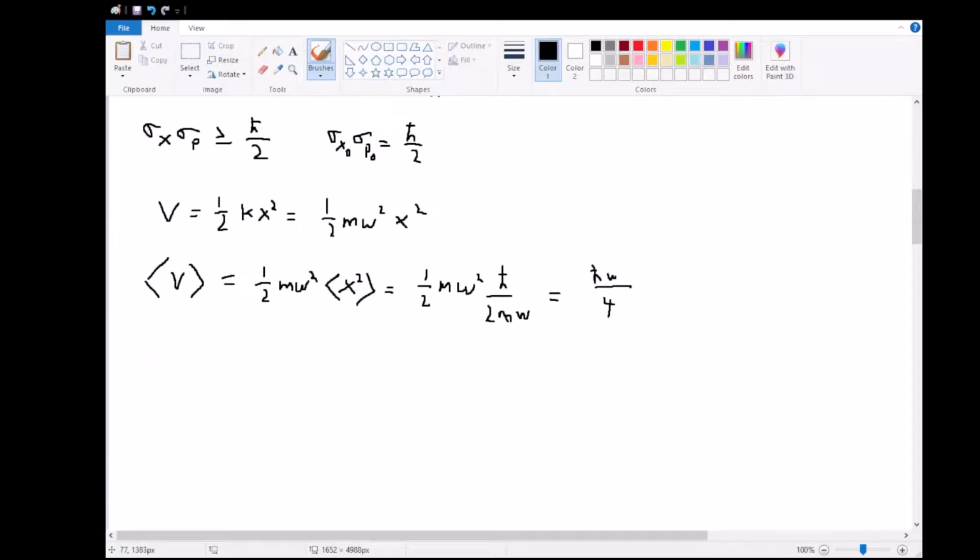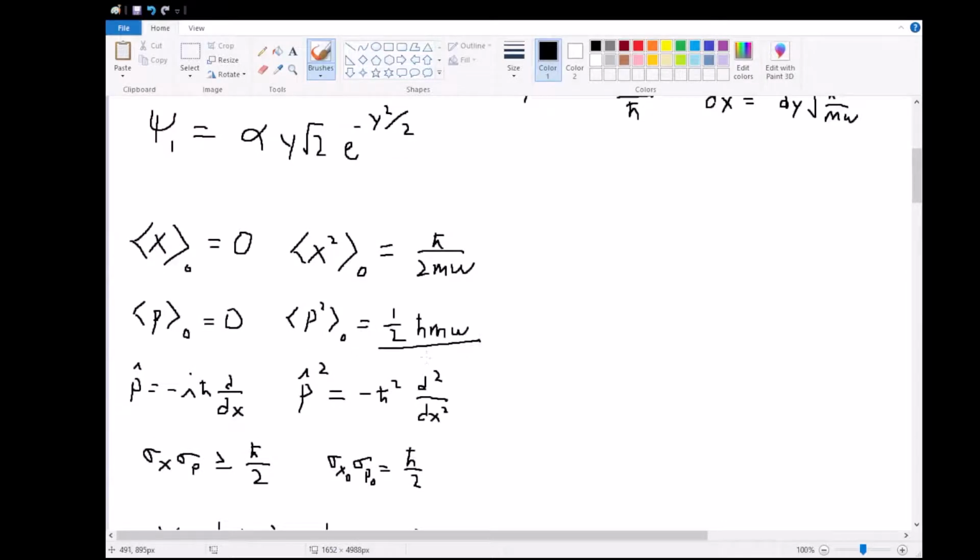Now, we do the same thing for T. We know that kinetic energy is equal to 1/2 mv squared, but one of the things Griffiths told us earlier on is that instead of working with velocity, it's better to work with momentum in quantum mechanics. So using the fact that p equals mv, we can rewrite this as p squared over 2m. Once again, 2m is a constant, p squared is the only variable, so the expectation value of T is equal to 1 over 2m times the expectation value of p squared. We also have this from earlier. It's equal to 1/2 h bar m omega.